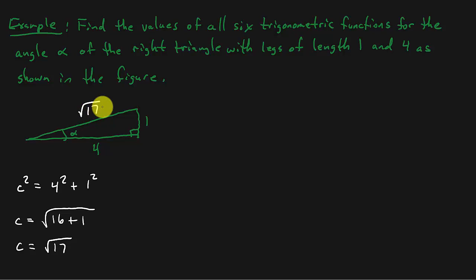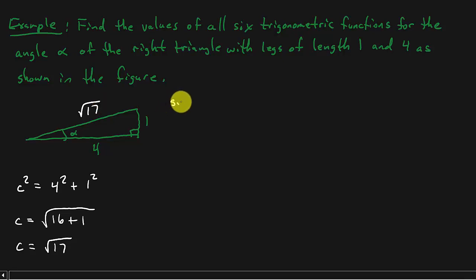So we want to find all 6 trig functions. All right. So let's find sine alpha. So sine alpha, remember sine is opposite, which is 1, over hypotenuse, which is square root of 17. Okay.